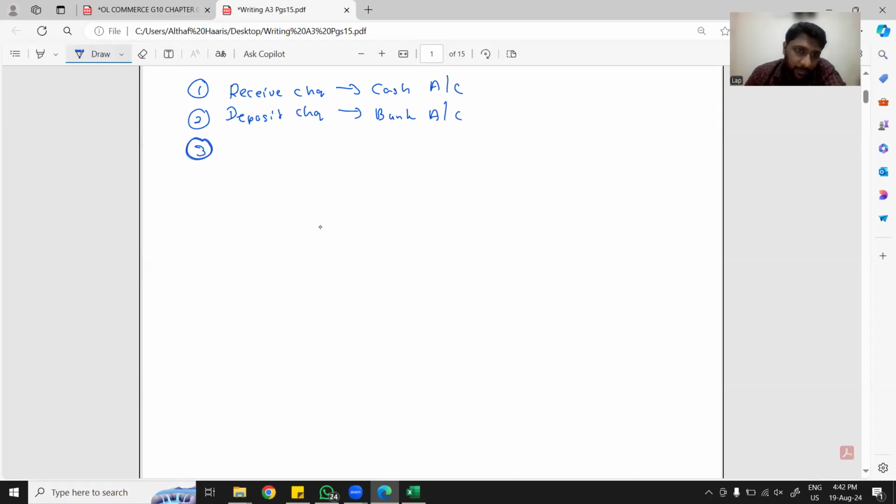Third one, received and same time deposit. If that's the case, people, you receive the check, but same time deposit, you'll write it in the bank account because same time you deposited it.